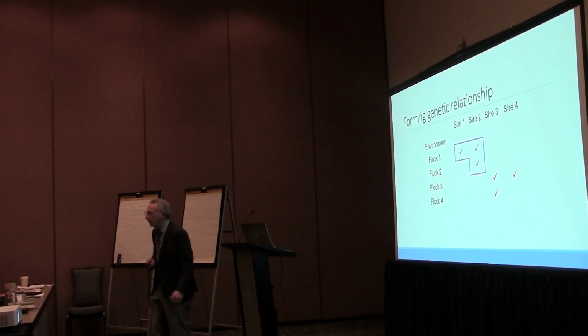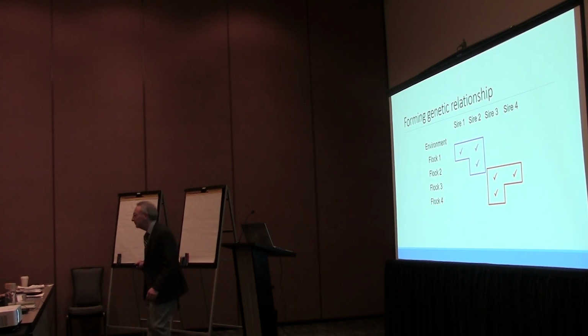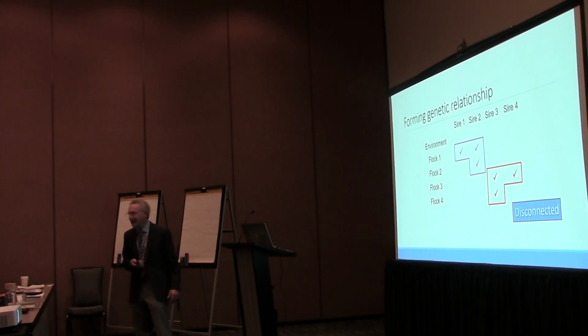Here's another set. We've got 2 more flocks. We have 2 more sires. But it turns out that sire 3 and 4 are only in flock 3 and 4. And sire 1 and 2 are only used in flock 1 and 2. Okay. We call that a disconnected set, because there may be differences in husbandry between flock 1 and 2 and flock 3 and 4 that is affecting the level of performance that we're seeing.